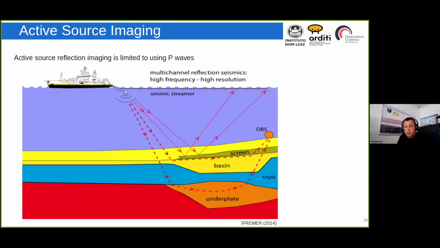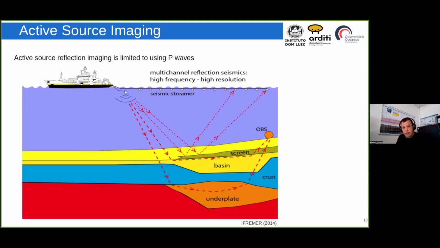One thing that we can use a DAS cable for, for example, is MCS imaging. Usually we do it with a streamer that's towed behind the ship, and we use an active source or even natural sources, and we collect P waves, mostly because we cannot propagate S waves in the water.